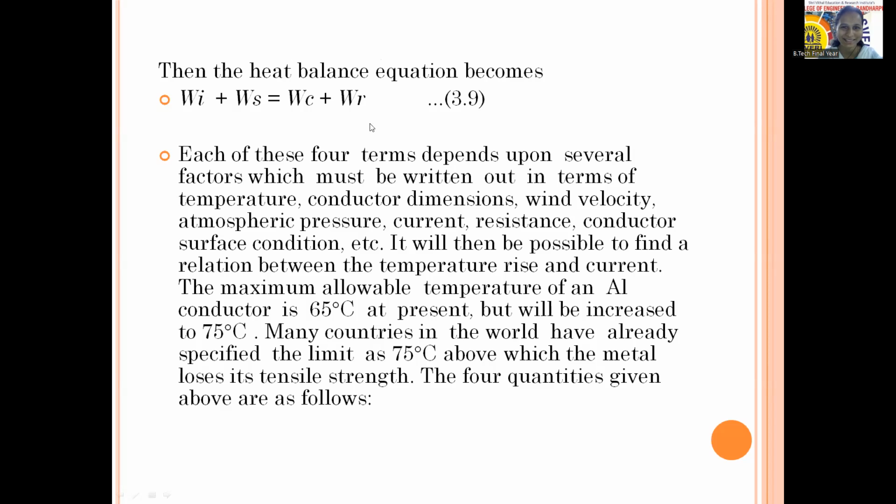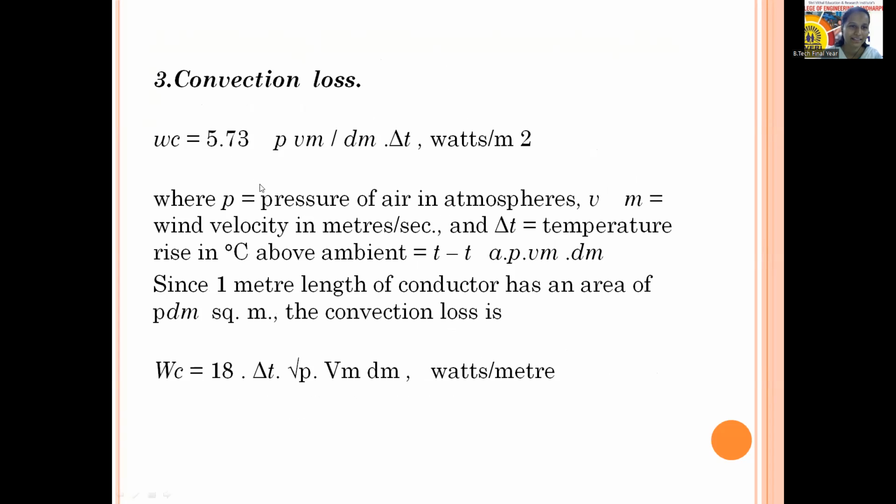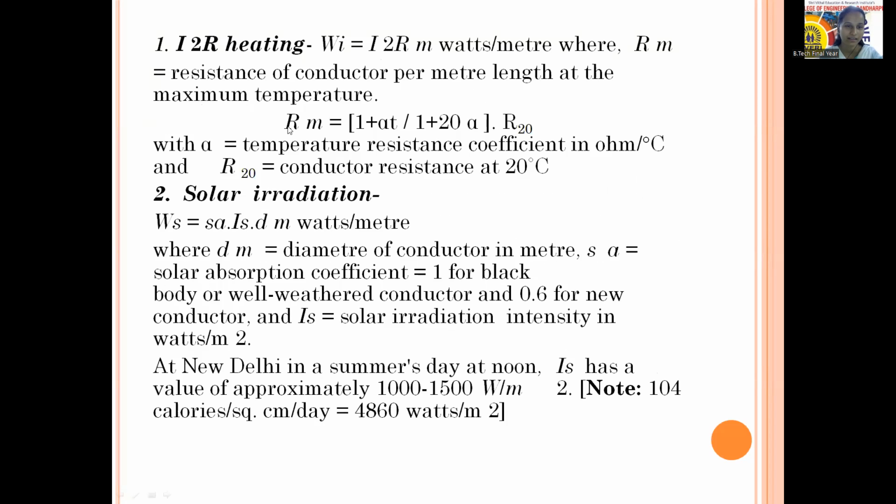You can put this 3.9 formula as it is. Next, this is the I square R heating formula, and this is solar irradiation.